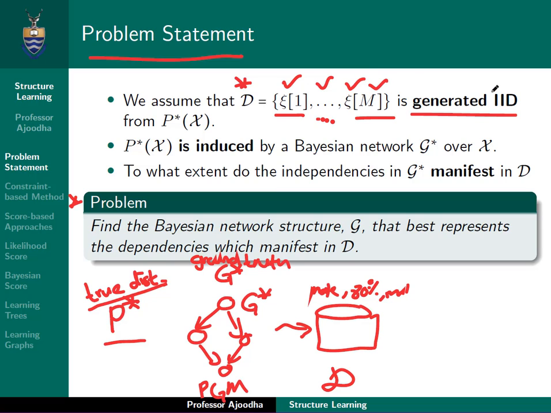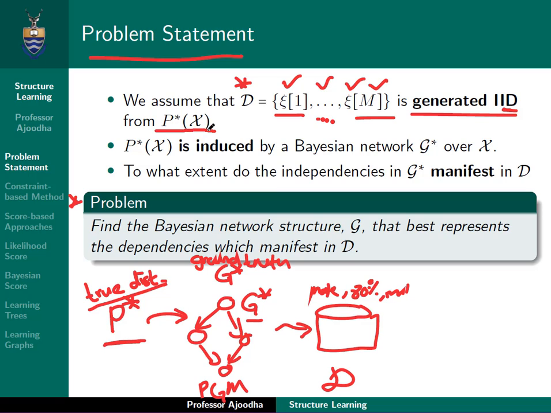That's the independent part. The identically distributed part means that all of the data comes from the same distribution, and that distribution is P star, which is manifesting in this G star. So that's what identically and independently distributed means.